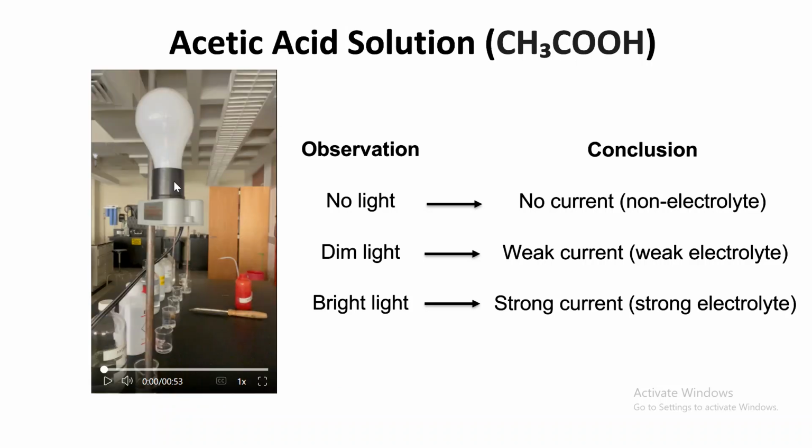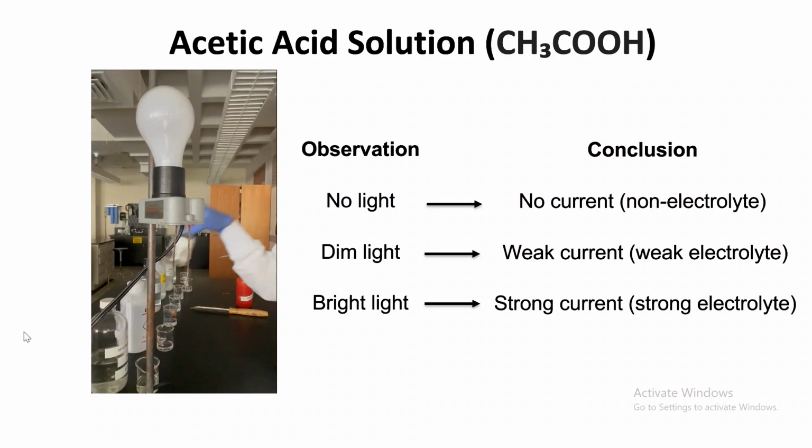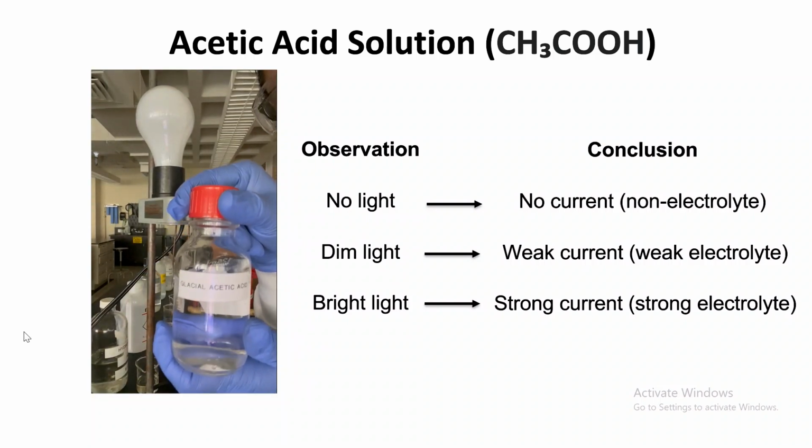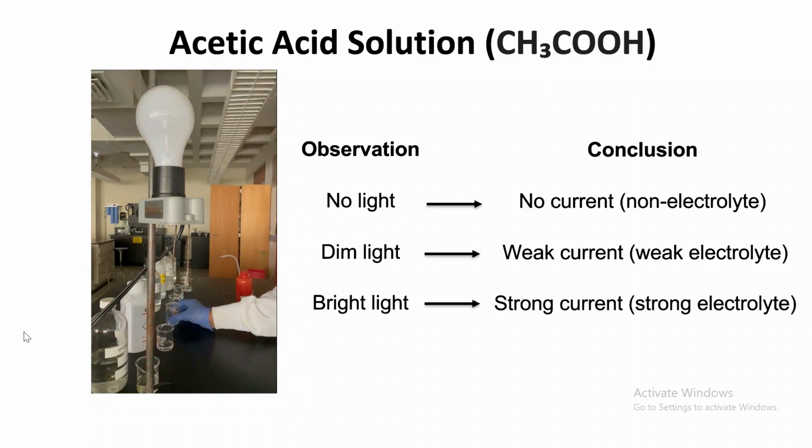Next up, acetic acid, which is a weak acid. Hydrochloric acid before was a strong acid; this is now a weak acid. It does not break up completely. So let's see. For a weak acid, will it be bright, no light, or dim light?